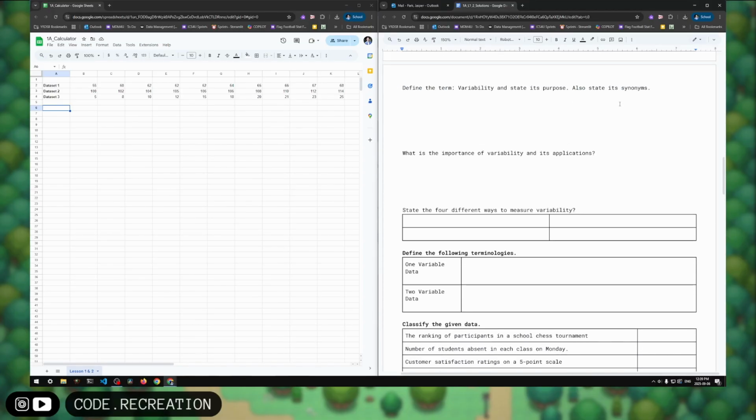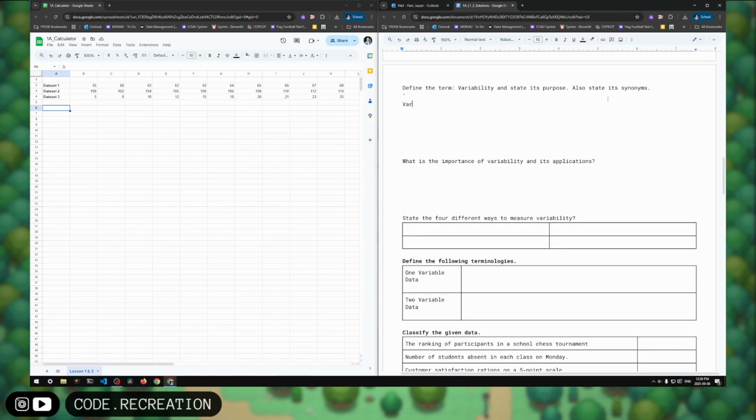All right, variability and its purpose. Variability is a measure of how far each data point is from the others.